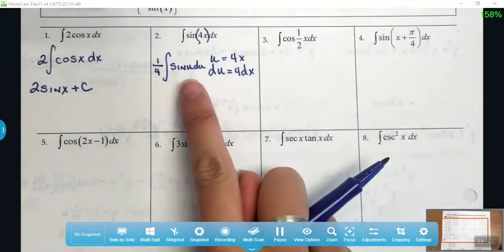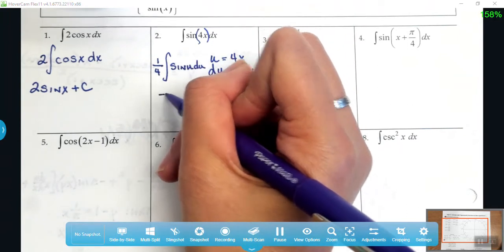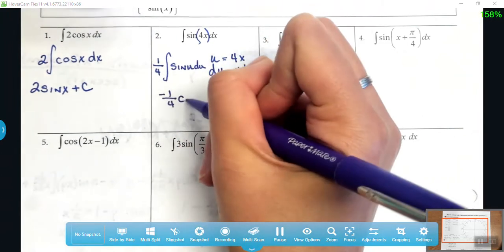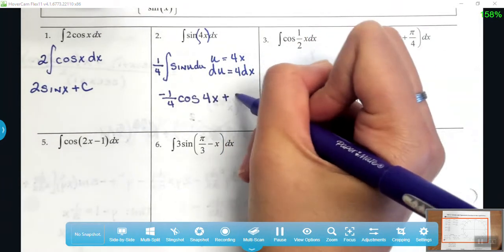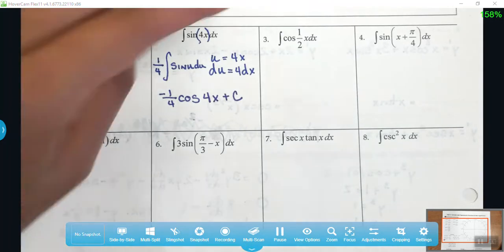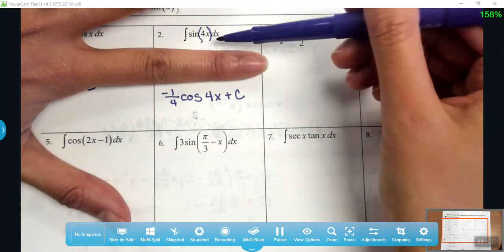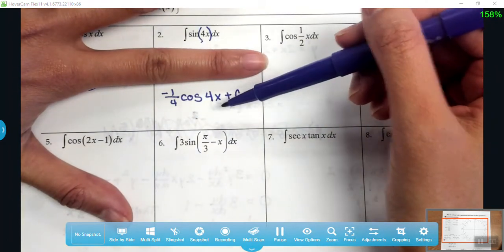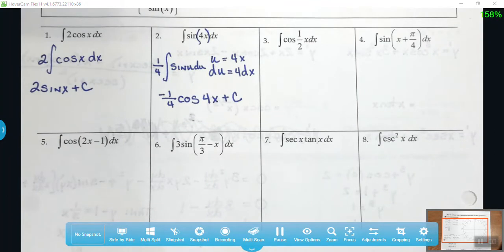And then the integral of sine is negative cosine, so negative 1/4 cosine. We go back to 4x and then plus c. Now, that's a lot of work. If you can do this in your head, I would advise you to go from here to here, just without writing all of this extra stuff. Do you know what I mean?